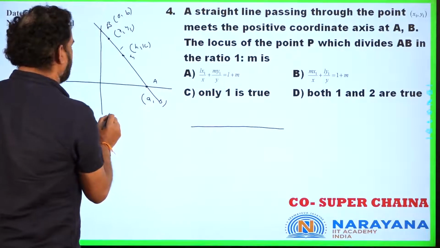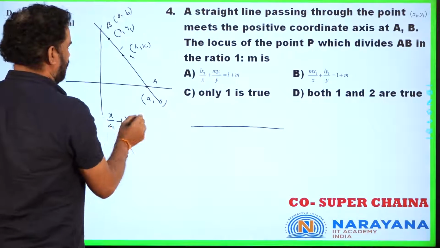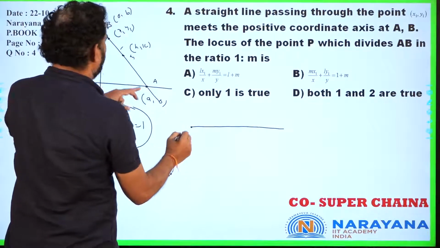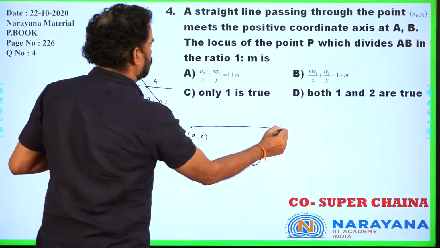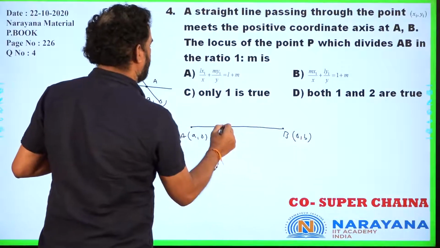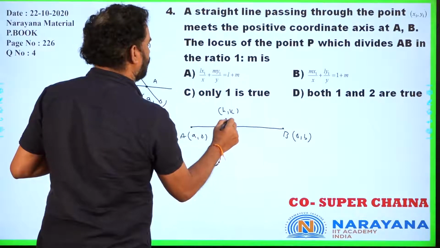The line equation is x by a plus y by b equals 1. The point (h, k) divides in the ratio 1:m.